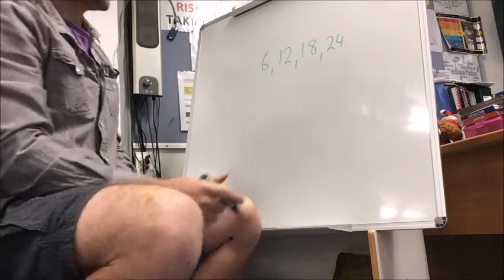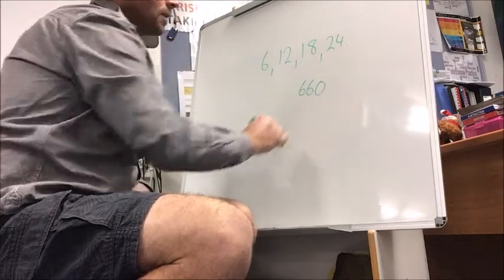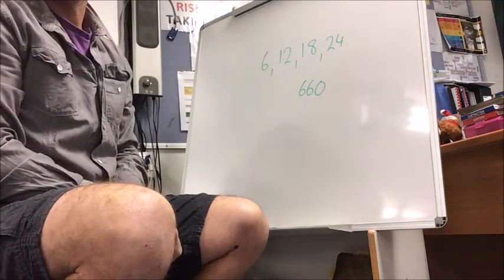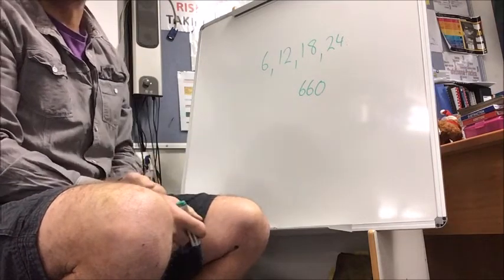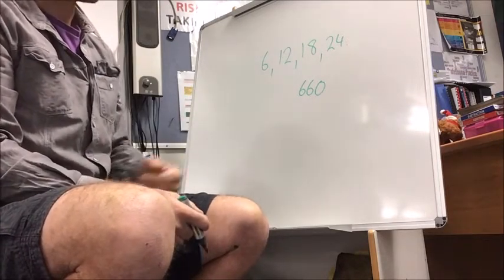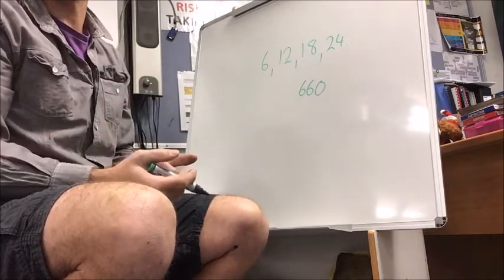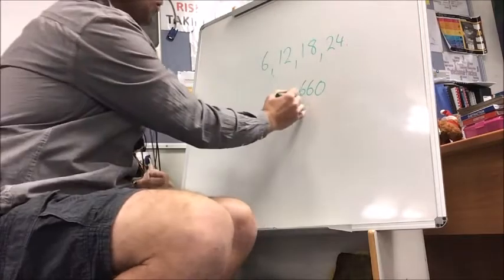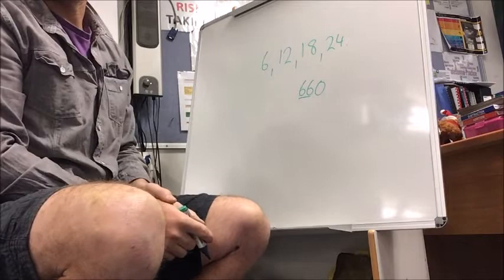We'll go, okay, is 660 a multiple of 6? Now this is where sometimes we could use our powers of 10 knowledge. Okay, so somebody asked me if 660 is a multiple of 6. Well, if I look at the first two digits, that's 66.